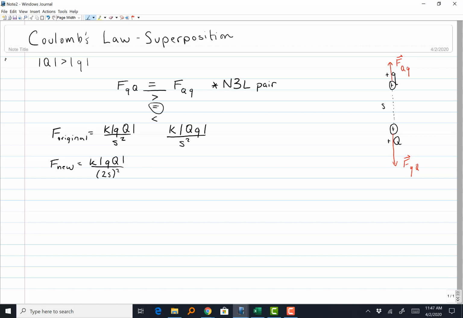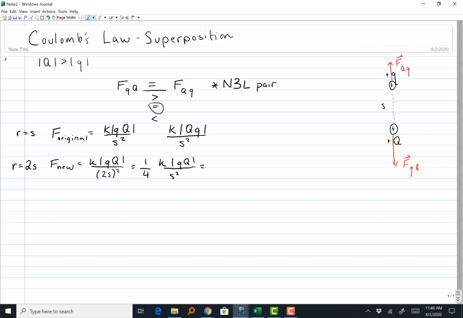The mistake that a lot of people will make is they'll just put a 2 in the denominator, and say the force is decreased by a factor of 2, or by 1/2. But in reality, in this new case r is now equal to 2s rather than r being equal to s in the original situation. So once I put in 2s for r, I have to square that as well, and that's going to get this factor of 1/4 out in the front.